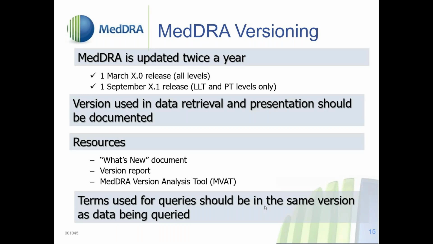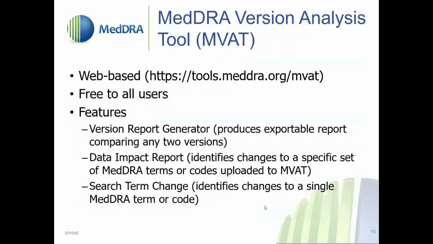So we also provide a tool that is called the MedDRA Version Analysis Tool, or short called MVAT, which gives you the possibility to compare any two versions. And we are going to look at this a little bit more on the next slides. So it's a web-based tool which you can access through the link which is shown here, but it has also been implemented into the new MedDRA browser.